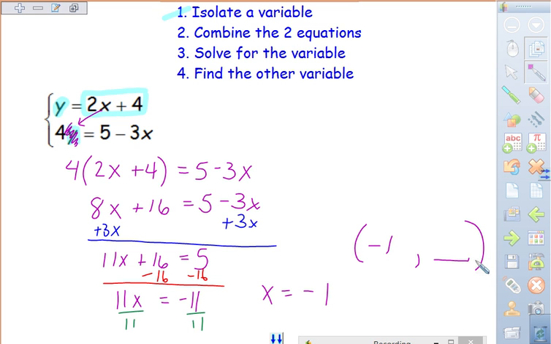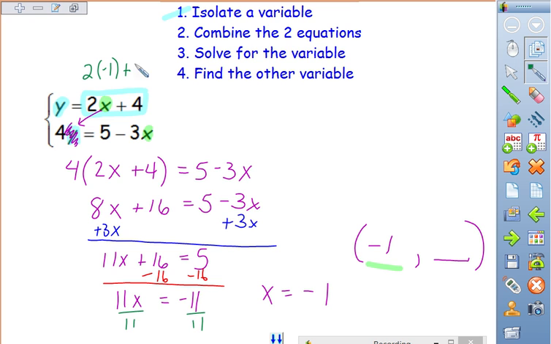We have to figure out what our y value is because we're looking for an ordered pair where these two lines intersect. Now I know what x is, so I want to plug that number in for x. I can do that in the top equation or the bottom one, but I think the top equation is simplified. If I plug it in, 2 times -1 plus 4 is -2 plus 4, which gives me 2.